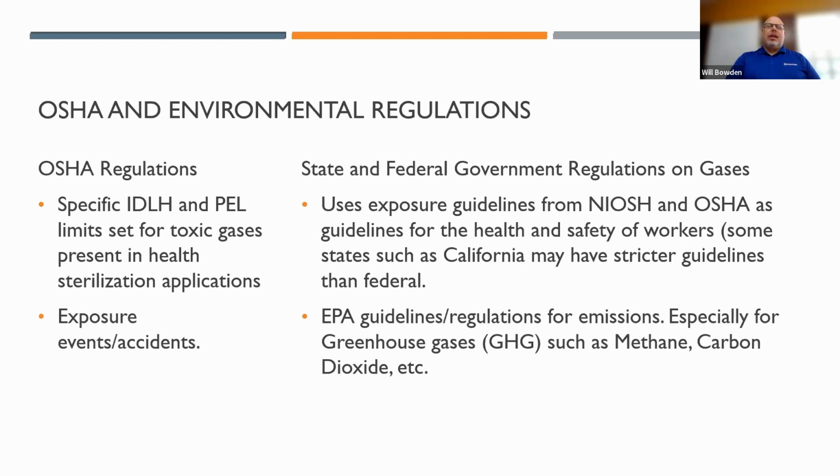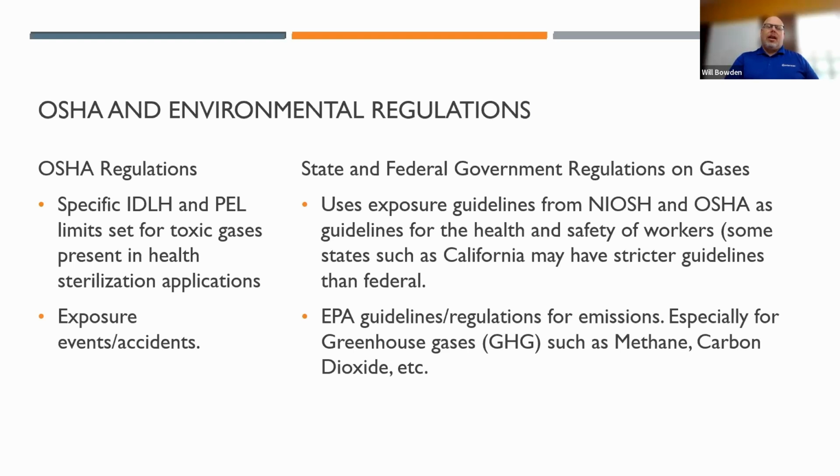As we mentioned previously, the EPA is also involved, but EPA is the federal level, and then state and local environmental protection organizations have their own regulations. Uses exposure guidelines from NIOSH and OSHA guidelines for health and safety of workers, and states such as California here in the United States may have stricter guidelines than federal.